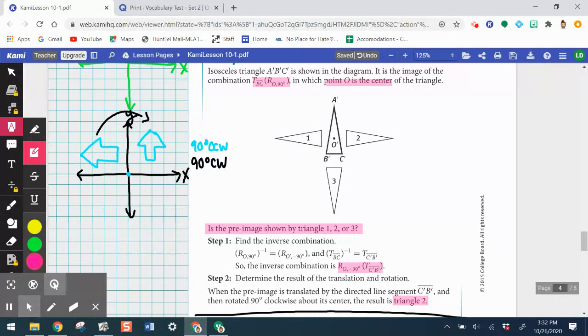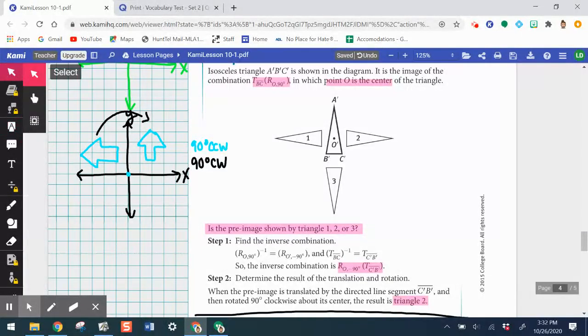So it's important to point out a couple things. Isosceles triangle A prime, B prime, C prime is the image. It's the image of one of these original triangles. And so our job, based on the inverse functions of these transformations, is to figure out which of these triangles was the pre-image.